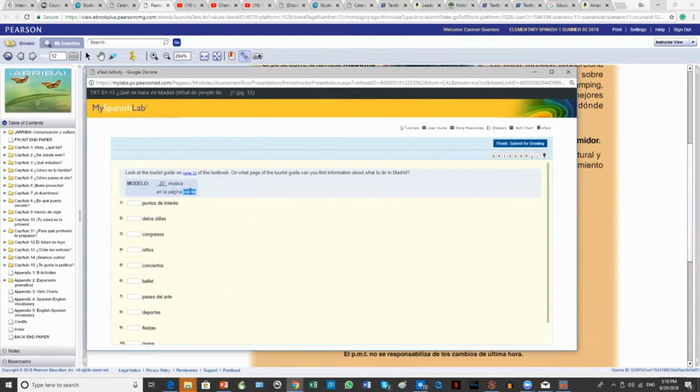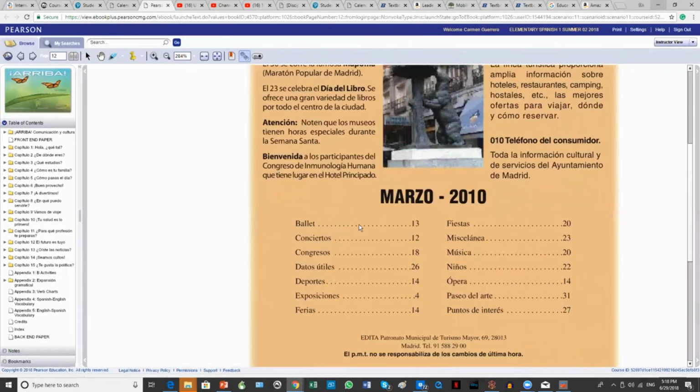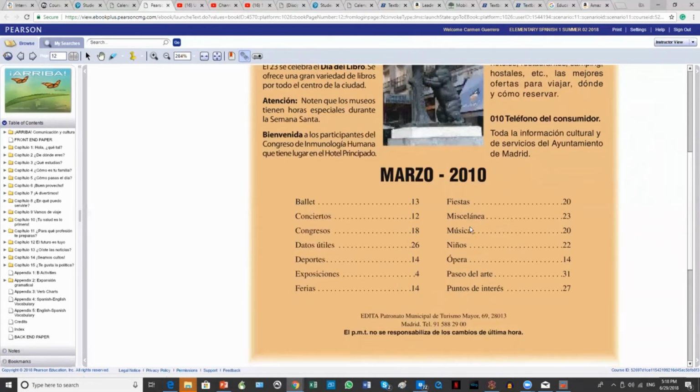En la página 20. Sí, modelo 20, música. Sí, música en la página 20. So you're gonna be responding in which pages these pieces of information are located, to be able to come back here, see? Look at this.